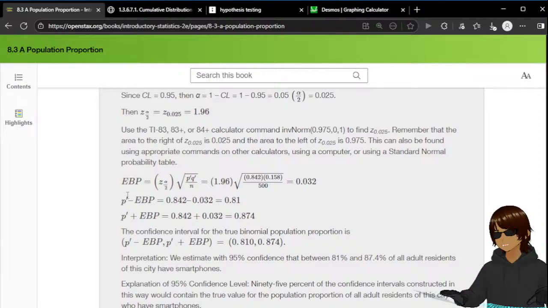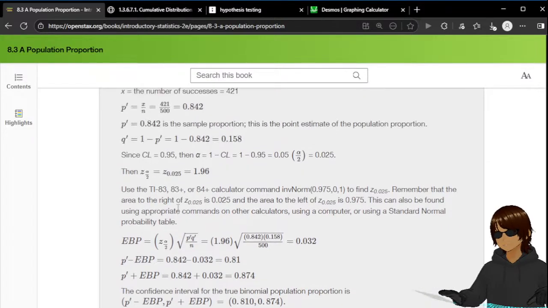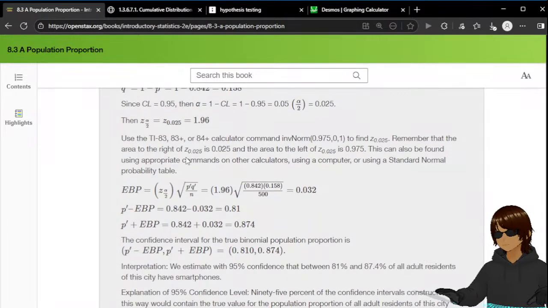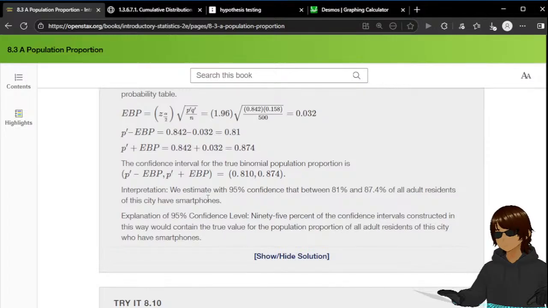And then P prime minus EBP. Confidence interval for the true binomial population proportion is this. 81% and 87.4% of all adult residents of the city have smartphones.